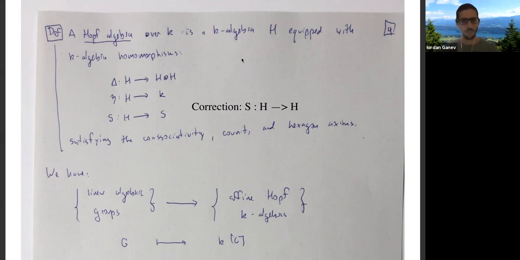If we restrict our attention to those, first of all, any linear algebraic group defines a Hopf algebra by this association, and this Hopf algebra will be an affine algebra.